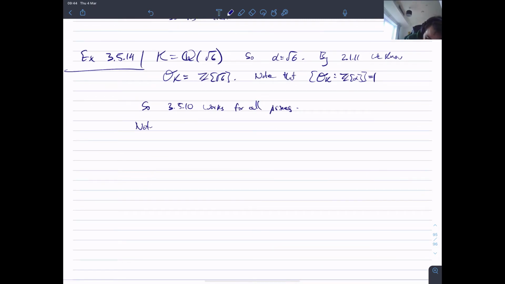Note that we know what the minimal polynomial is. This case is pretty easy. m_alpha of x is x squared minus 6, which we know is the minimal polynomial.